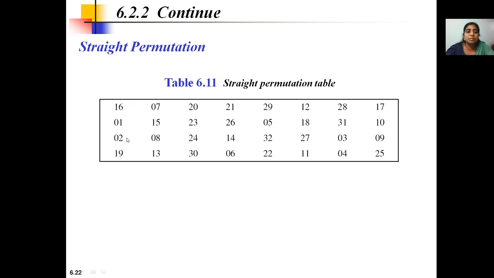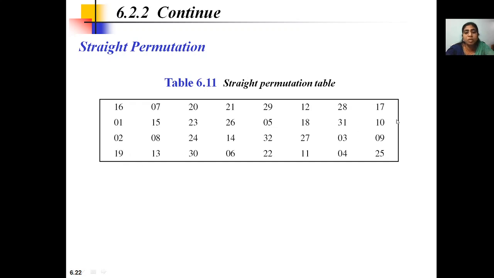The second bit is placed in the third position in this box. The 19th bit in the S box output is placed in the fourth place.